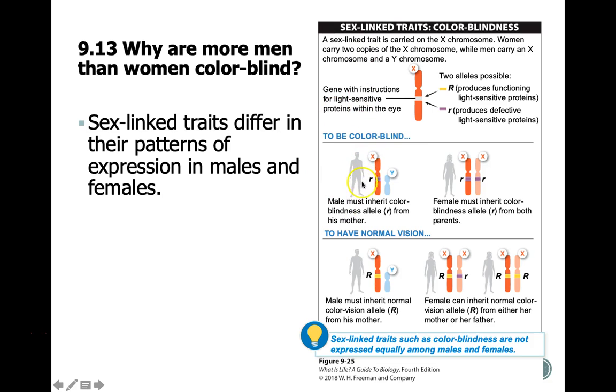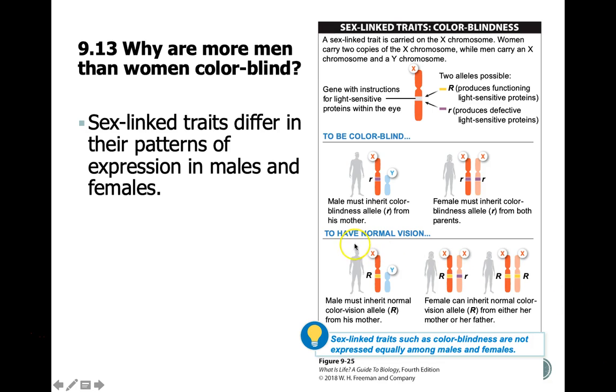So if this guy gets a colorblind allele from his mom and a Y chromosome from his dad, he's only getting one copy of that colorblind allele. That means the only option for him, even though he has only one allele, is to be colorblind, because his one allele is the dysfunctional light-sensitive protein. I hope that makes a little bit of sense. I can answer more questions about this in class if you want.